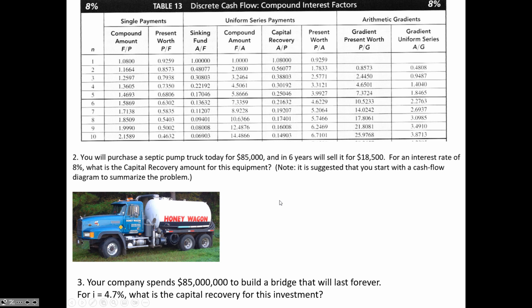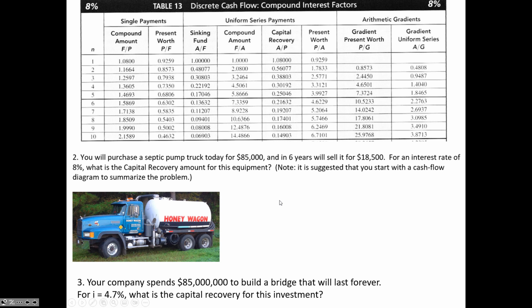So capital recovery is just asking, what's the annual expense of operating this equipment just based on the difference between its initial acquisition and its disposal value? So we're finding the unknown annual series, and so you need to find A given P for i equals, in this problem, what's it say? 8% again. 8%.